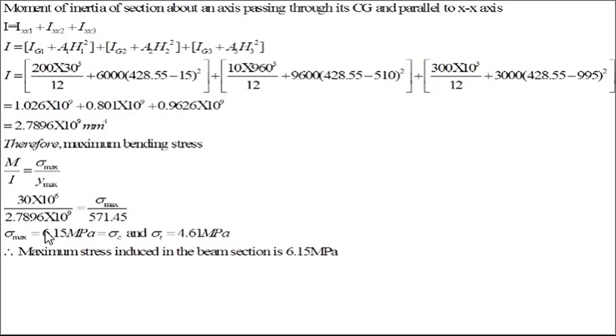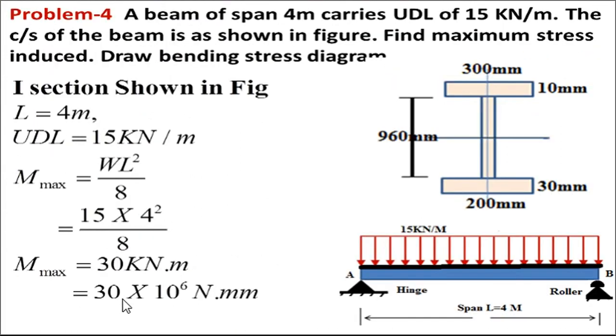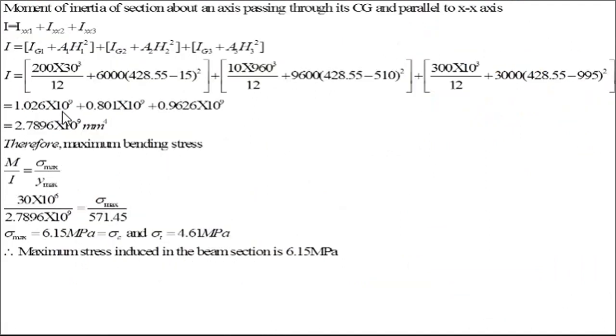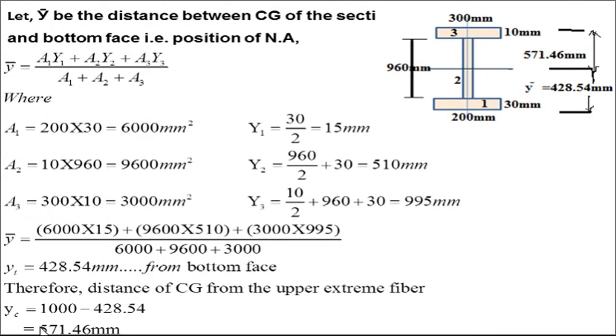And then use the bending equation: M upon I equals sigma max by y. M we have calculated previously. Here M is 30 into 10 to power 6. I we have just calculated. Sigma you have to calculate. Y max is nothing but the distance of the compression zone, that is 571.